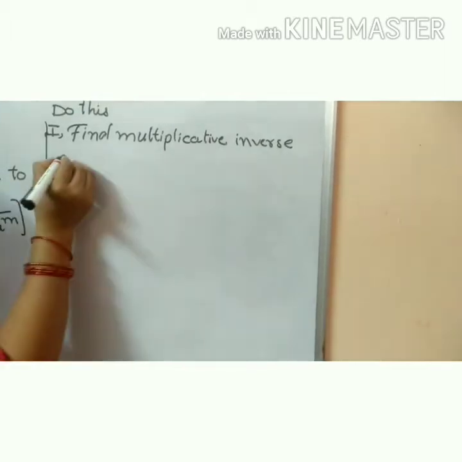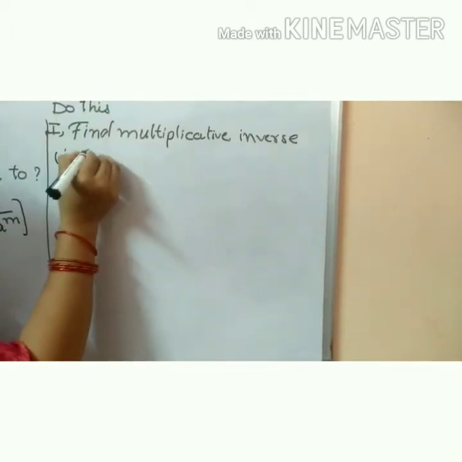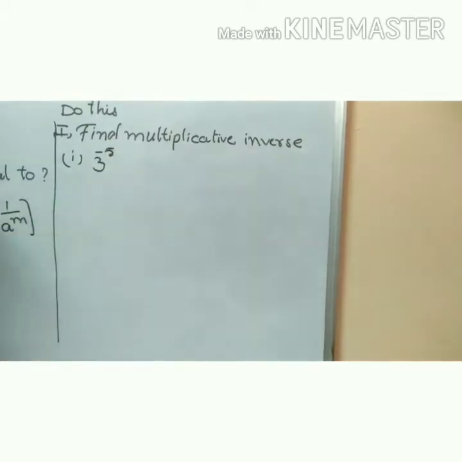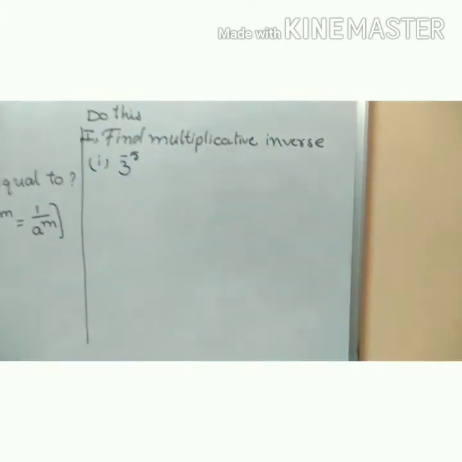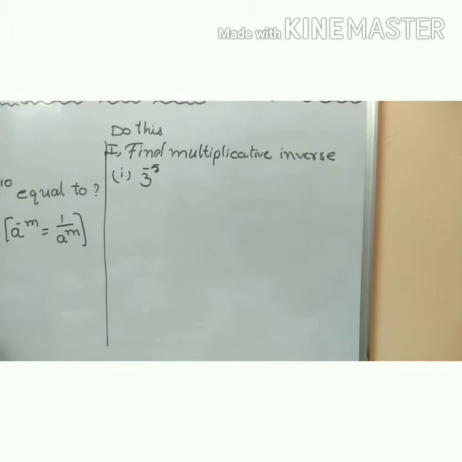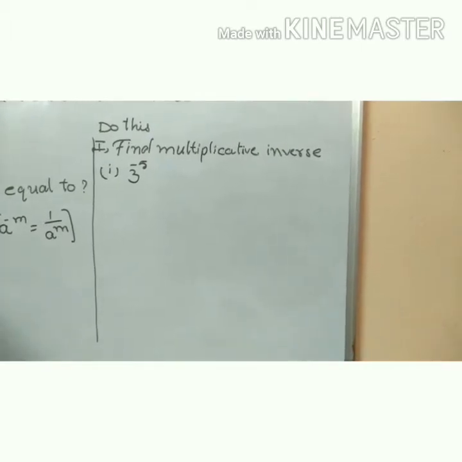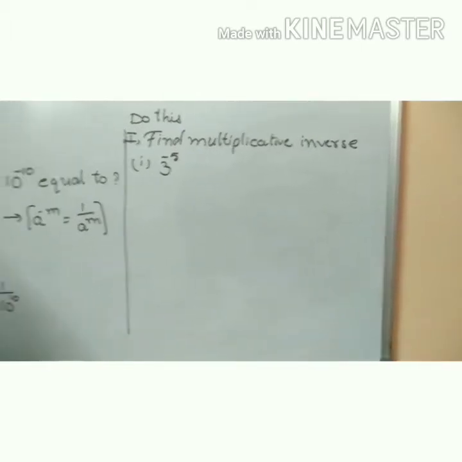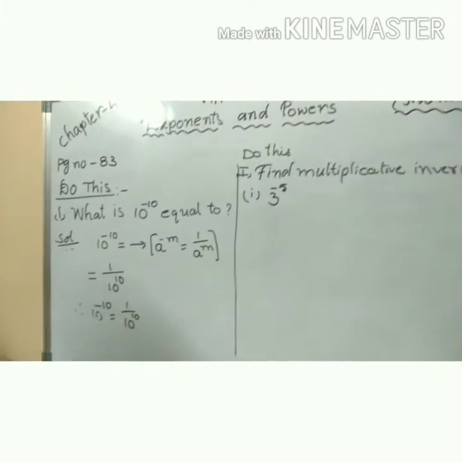In the first question, 3 power minus 5. So it is also the same. In this case, what is the multiplicative inverse? We already learned in the rational numbers chapter. What is the multiplicative inverse?